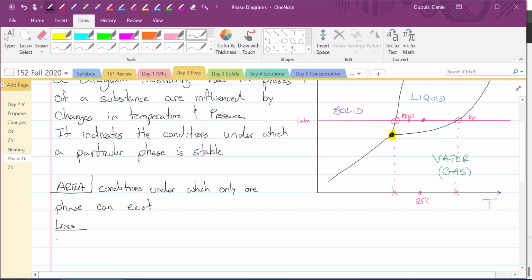The lines, this is where there are 2 phases in equilibrium. So anywhere on this line, like right here, the melting point, it could be a liquid, could be a solid. That's fine. It's an equilibrium. It can be either one. There are 2 points. The first point, highlighted yellow, has 3 lines connected to it, which is the triple point.